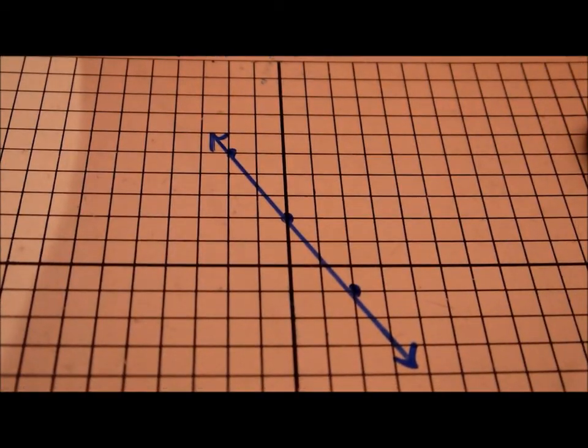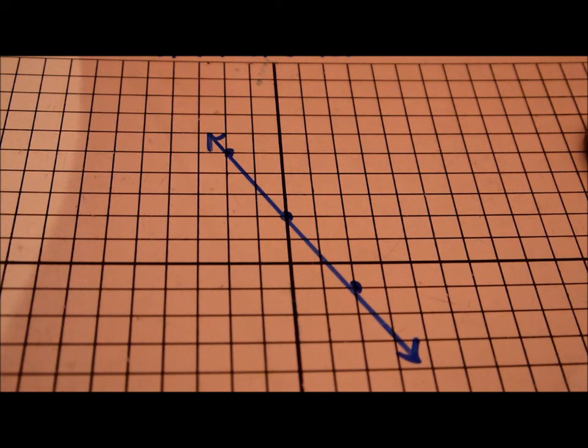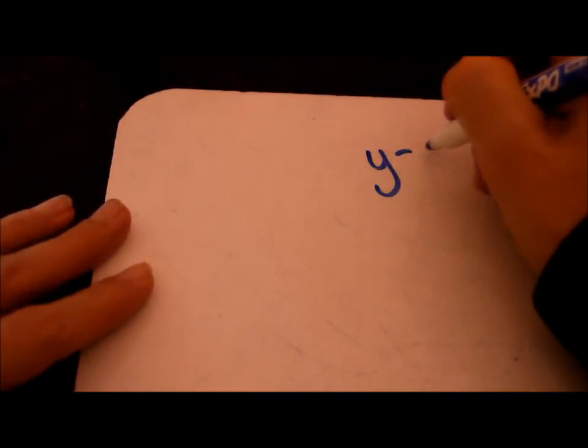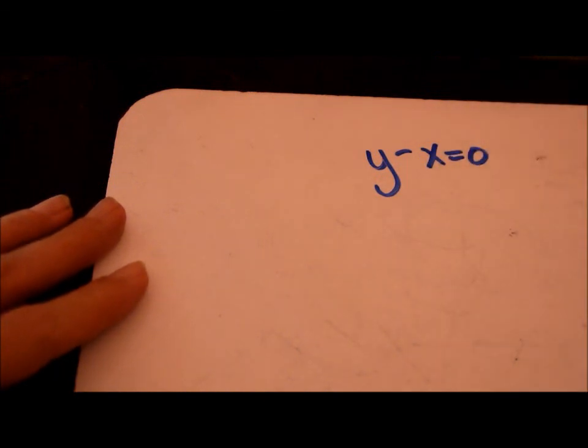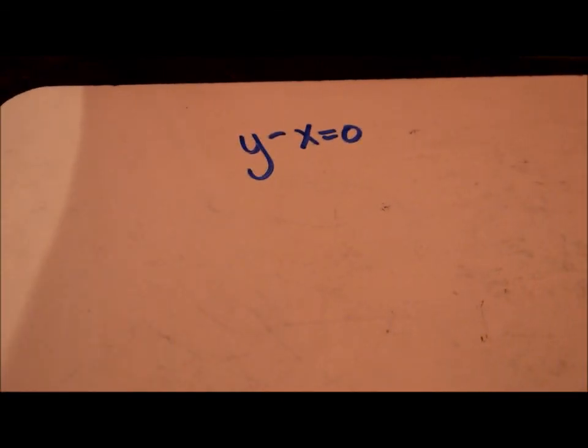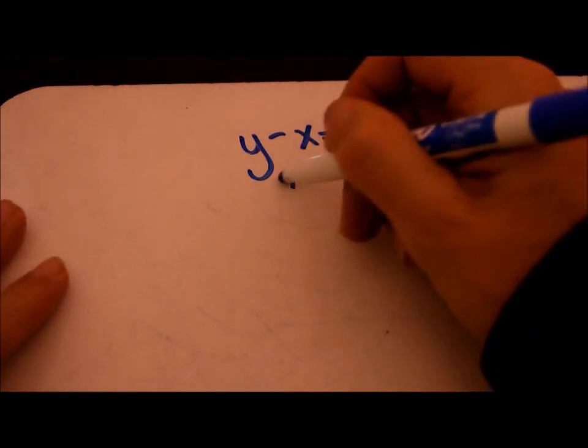There it is. Okay. Now we're going to graph the next one, which is example 6. It says to graph y minus x equals 0. Okay, just like before, they say that it'd be better to get y by itself.